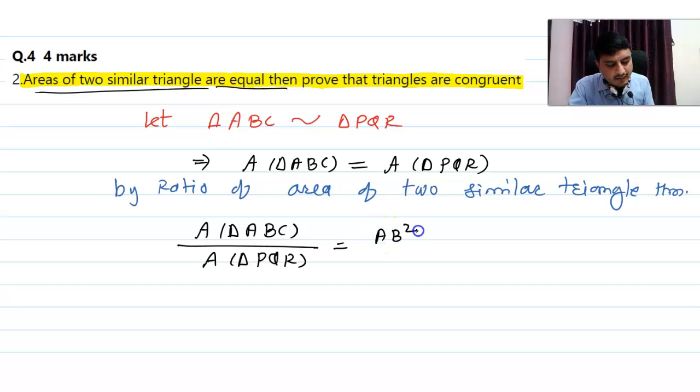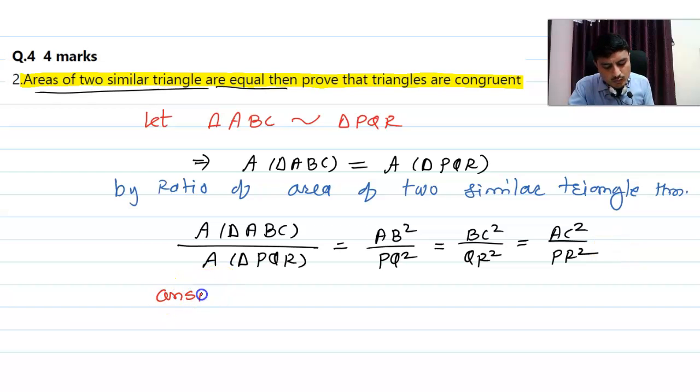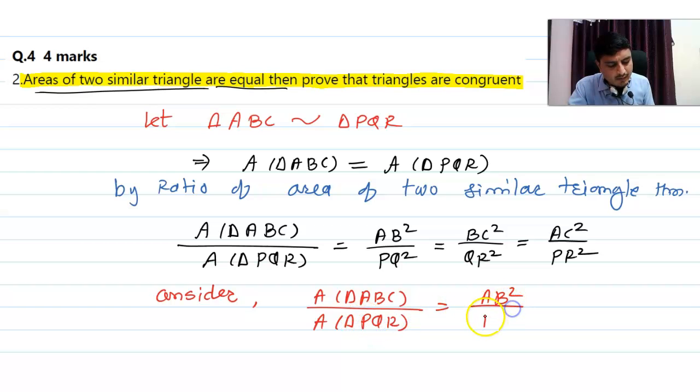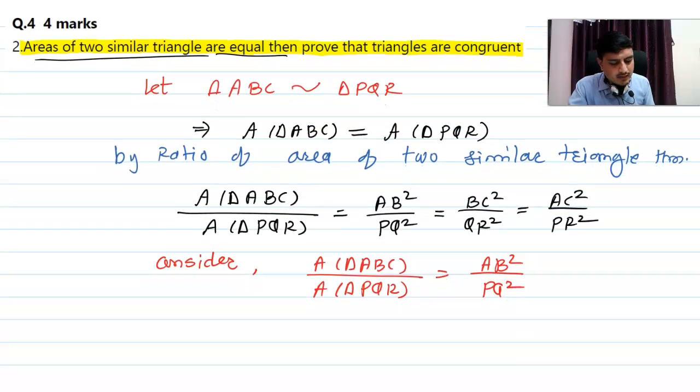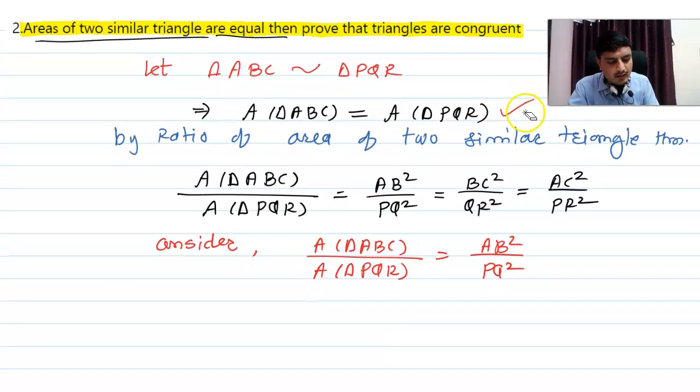That means we can write AB square divided by PQ square, or BC square divided by QR square, or AC square divided by PR square. Considering the first two ratios as equal, the area of triangle ABC divided by the area of triangle PQR is equal to AB square divided by PQ square. Since the given two triangles have the same area, we call this equation number 1.